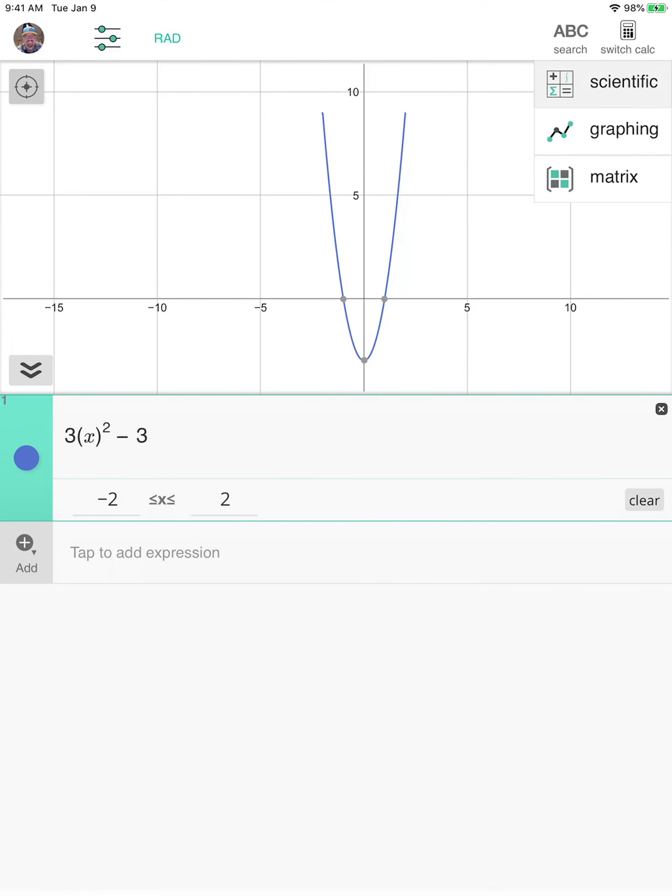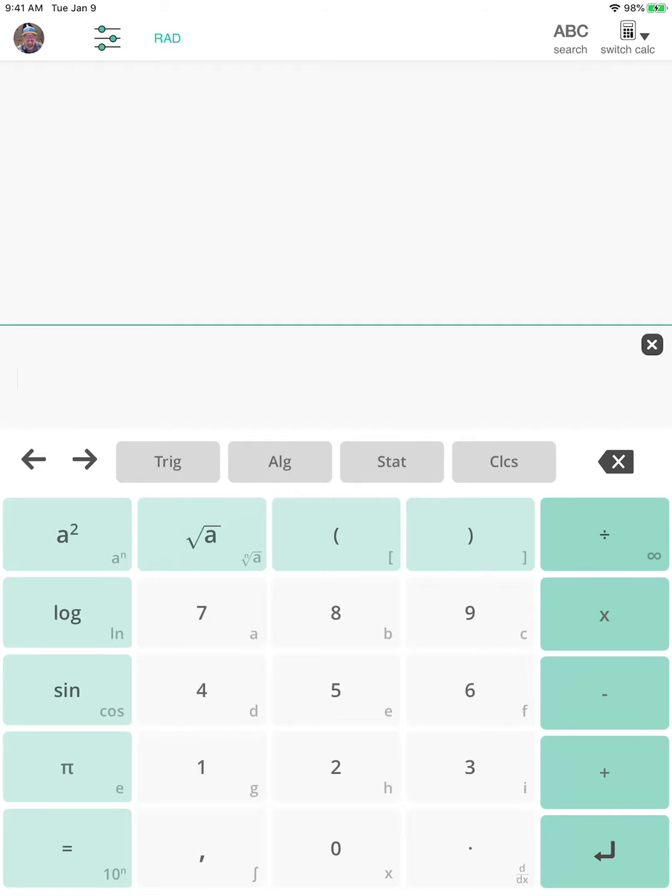So let's go back to our scientific calculator, and we can put in our functions.